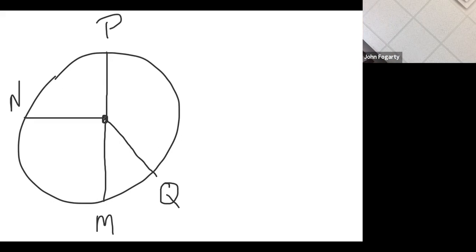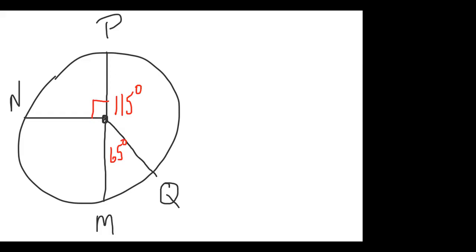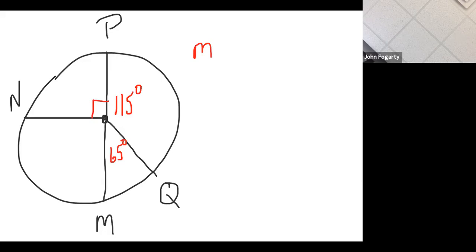All right, so here's what we know. This is 90. This is 115. And this is 65. All right? Comprende? So if I said to you, what is the measure of arc MQ?